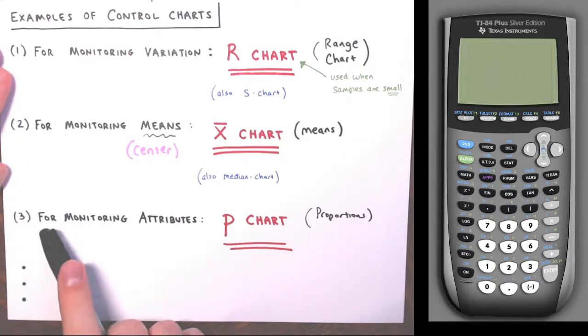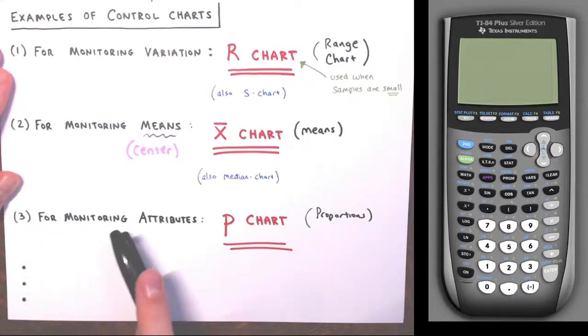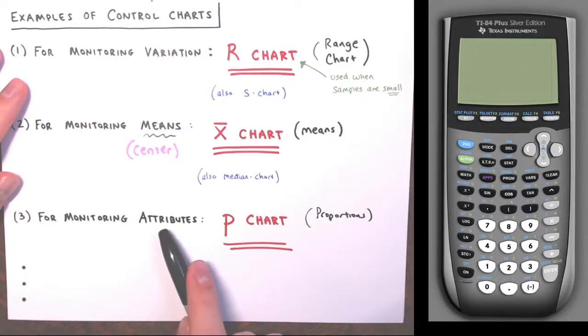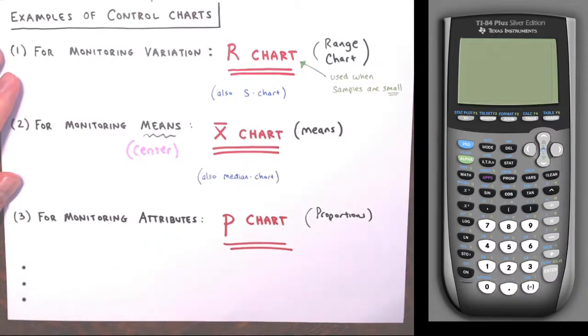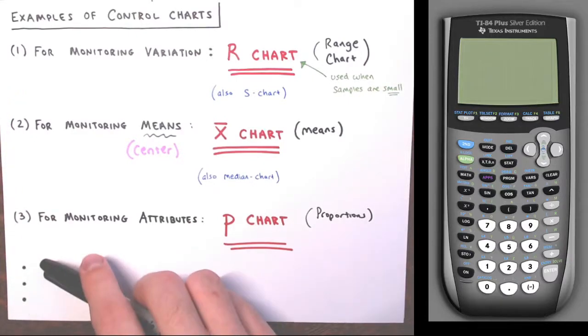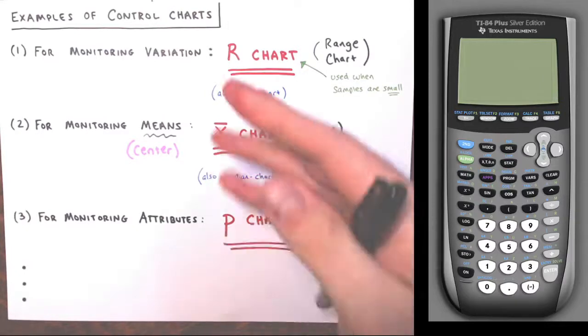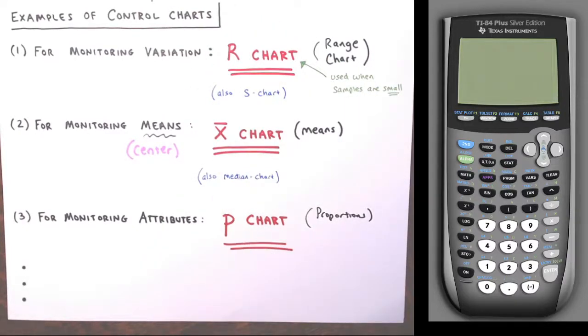But today we're doing a control chart for monitoring certain attributes, and the attribute that I'll be looking at today is the proportion of objects that are defective or not working properly. This is a P chart, for proportions. And of course there are many more. There are other things you could monitor in a process besides these three, but these are the only three, R chart, X bar chart, and P chart, that I'm actually going to do videos on for my introductory statistics.